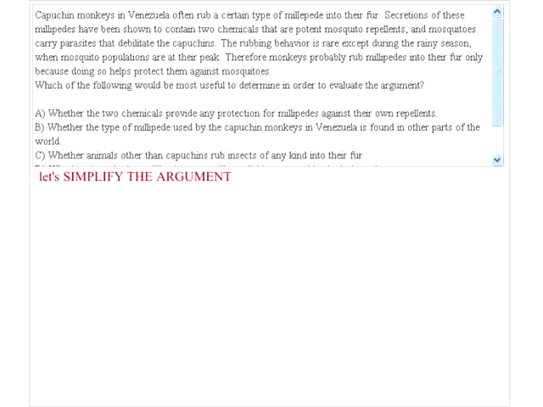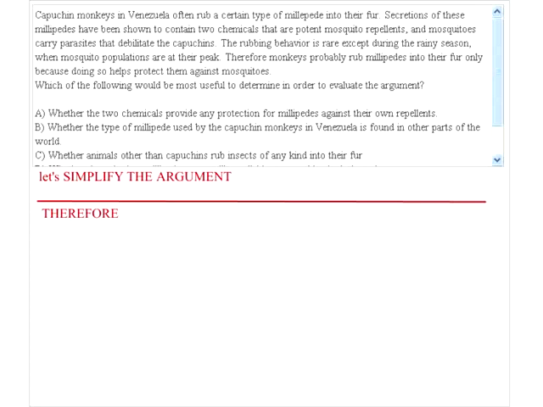When you simplify the argument, by the way, you've always got to have at least one premise and at least one conclusion. You can't just give the conclusion. So if you want a template to fill in, you should have a blank, therefore a blank.